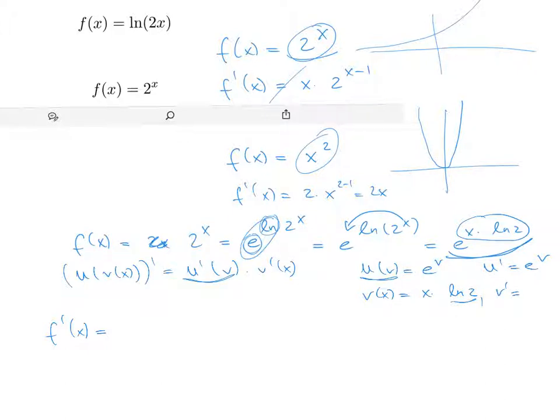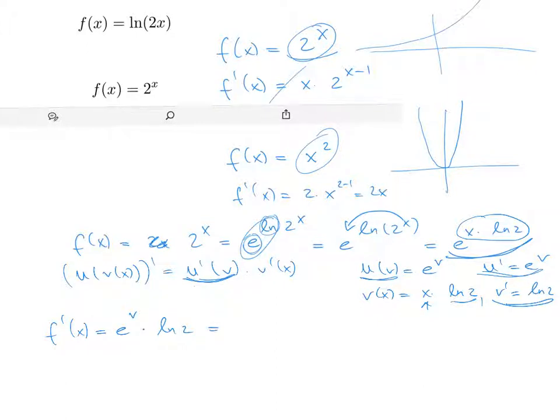I just have a linear function here, x times a constant, so the derivative is just the constant. Okay, so I'm almost done. Then I apply the chain rule: u dash is e to the power of v times v dash, and v dash is just the logarithm of 2.